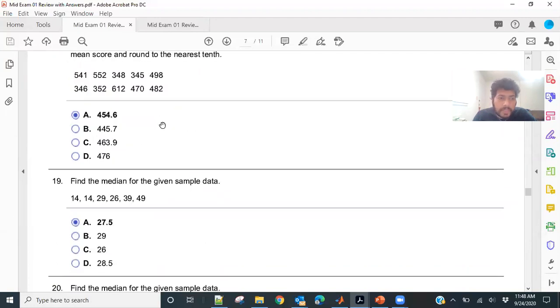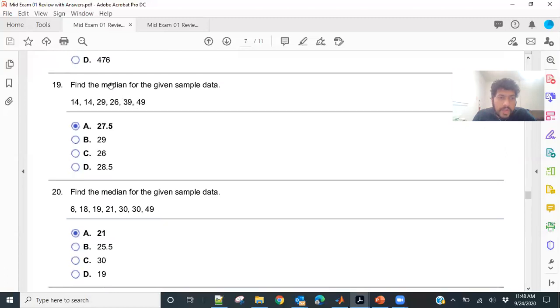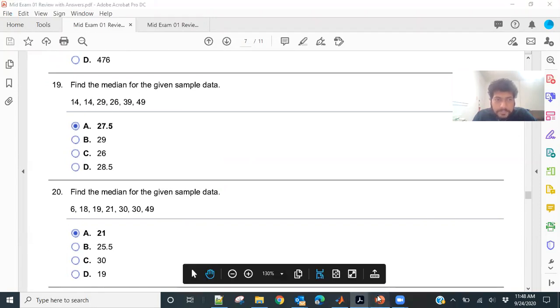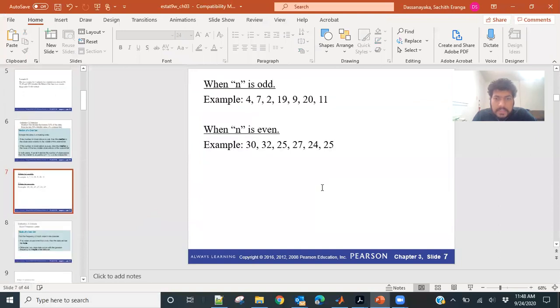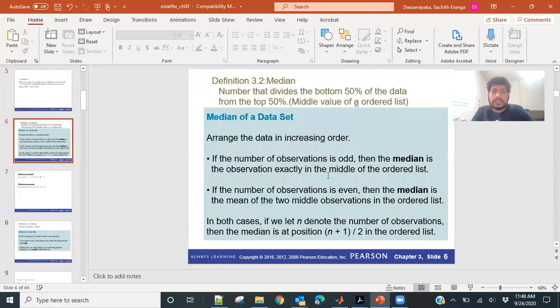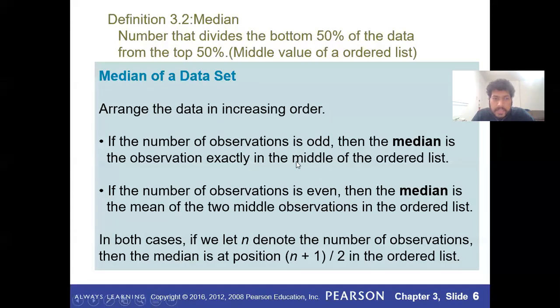Next one, find the median of the given sample data. This is the way we find the median of a data set.